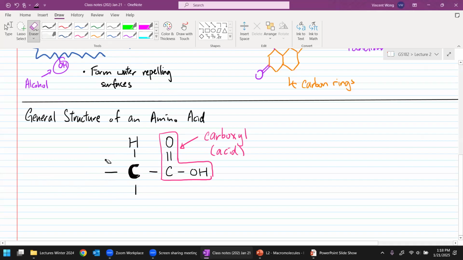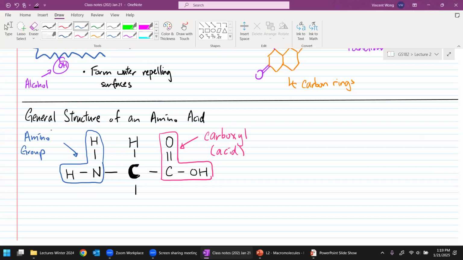On the other hand, we have N, H, and H. And whenever you have N connected to 2 H's here, this is called an amino group. Amino group. So that's why this is an amino acid.